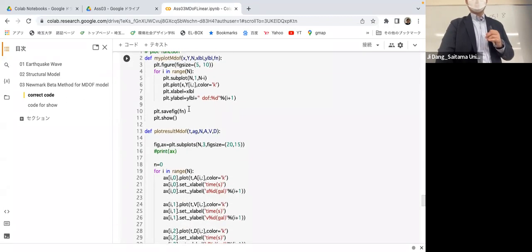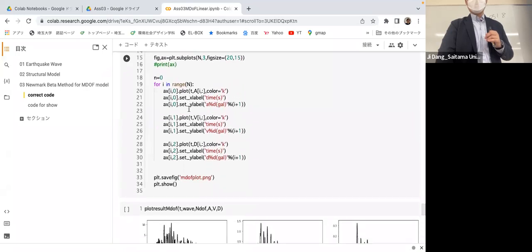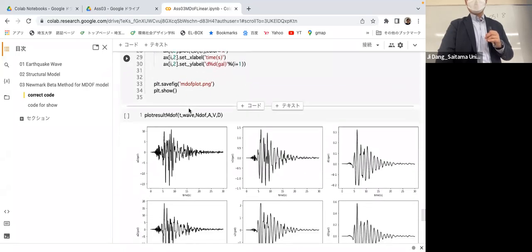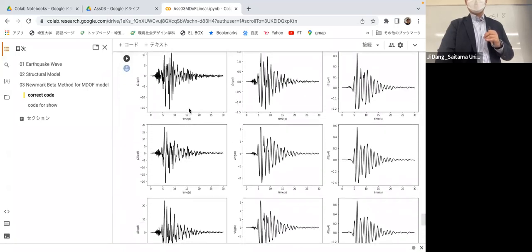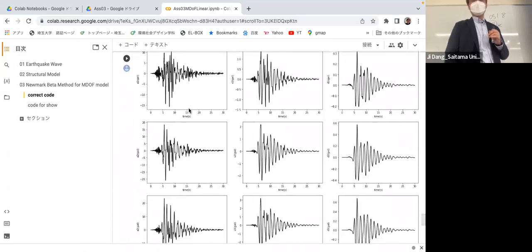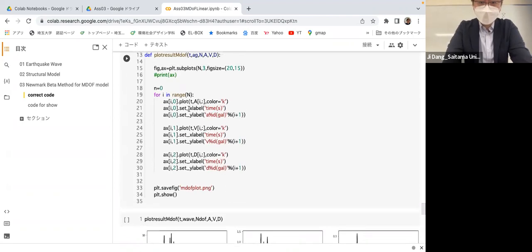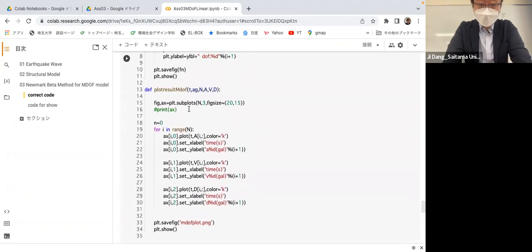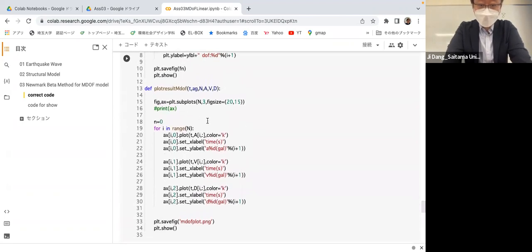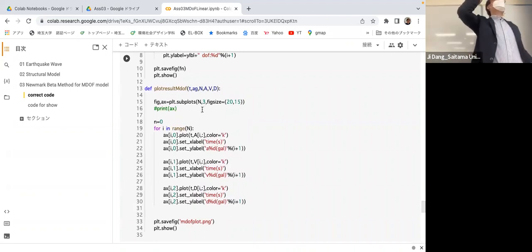and then you need some plot functions. I showed them before. Okay. So if everything's correct, you should see something like here. This time I show it in a subplot. N is 3 by 3. So each line has displacement, velocity and acceleration for each floor.